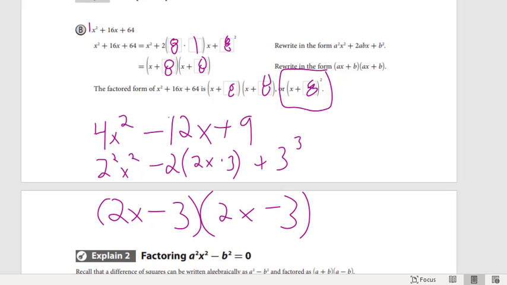Okay, since it's 2x squared out front, this is going to change a little bit. Instead of it just being x in the front there, we'll have a 2x. We can also rewrite this as 2x minus 3 squared.